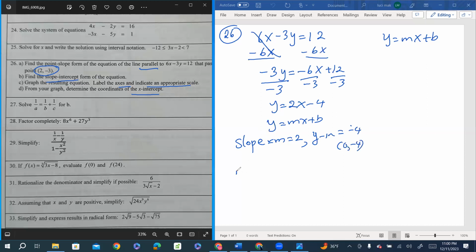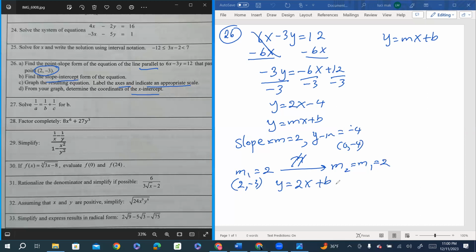So if the slope of the first one is 2, we know we are finding a parallel line. So the slope of the second one is the same as the slope of the first one, which is also 2. Now we can see that this passes through the point (2, negative 3). We want slope-intercept form, so I'm going to write y equals mx plus b, which is 2x plus b.